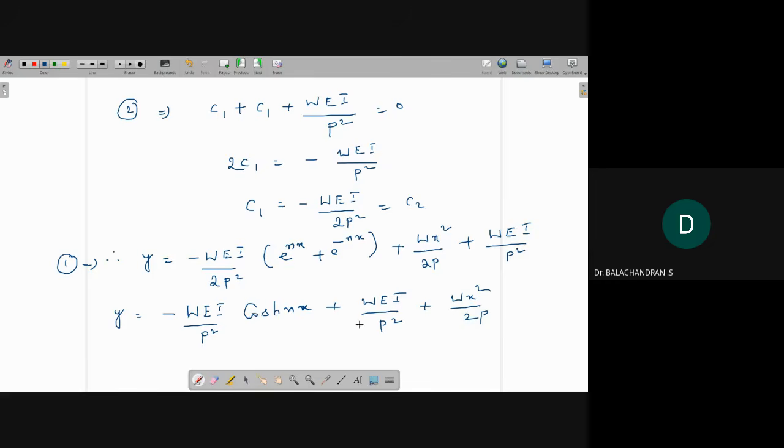From these two, you can take wy by p square common.